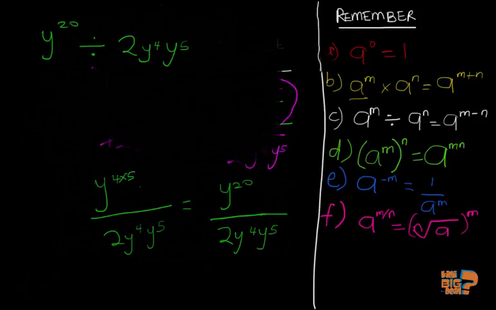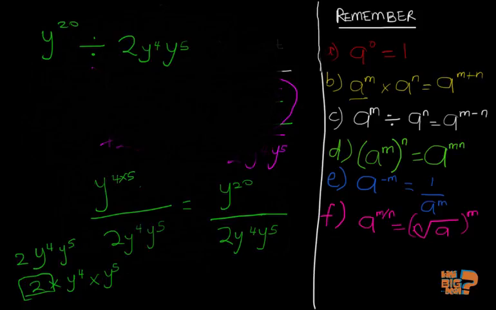Now, the same law that we applied to this: if you have y raised to power 4 and y raised to power 5, and you have 2 here, what we're basically doing is we are saying 2 times y raised to power 4 times y raised to power 5. Now, don't bring the 2 into your confusion because it does not have an index.